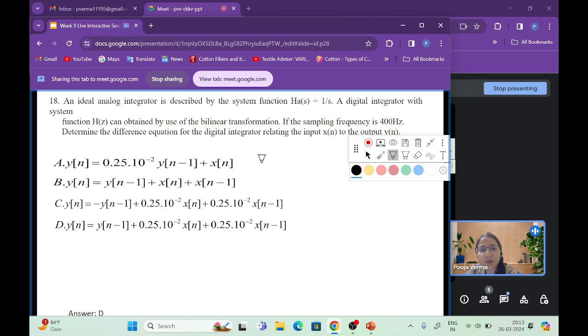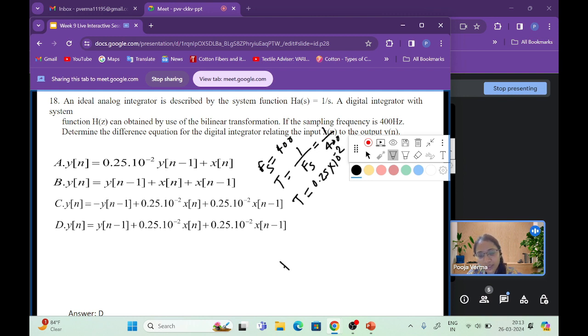Okay, so here the sampling frequency is given as fs equal to 400 Hz. Now first we need to calculate T. So 1 by fs, that is 1 by 400 Hz, and T you will get as 0.25 multiplied by 10 to the power minus 2.